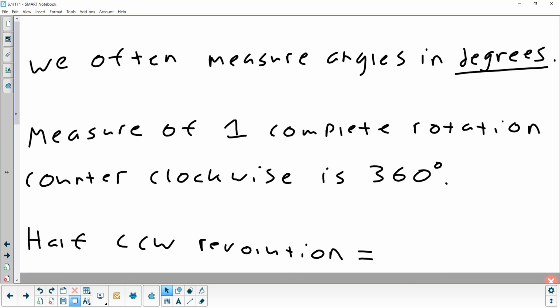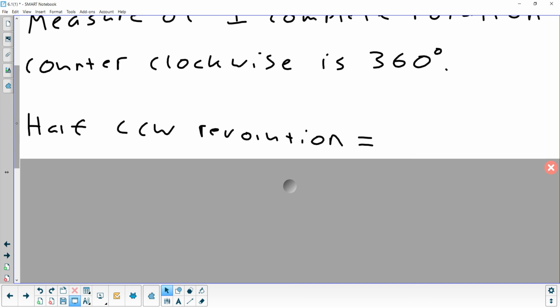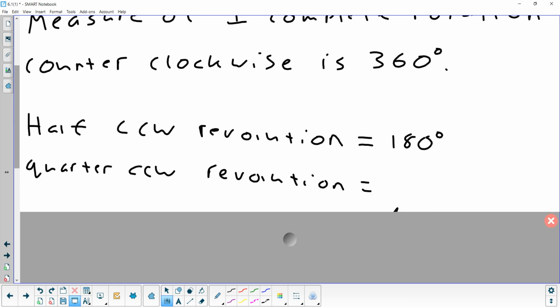How about if we did a half revolution in the counterclockwise direction? What would that be, Caleb? 180 degrees. So counterclockwise is the positive direction, and that would be 180. How about a quarter of a revolution in the counterclockwise direction? How much would that be? Mabel? 90. That would be 90.